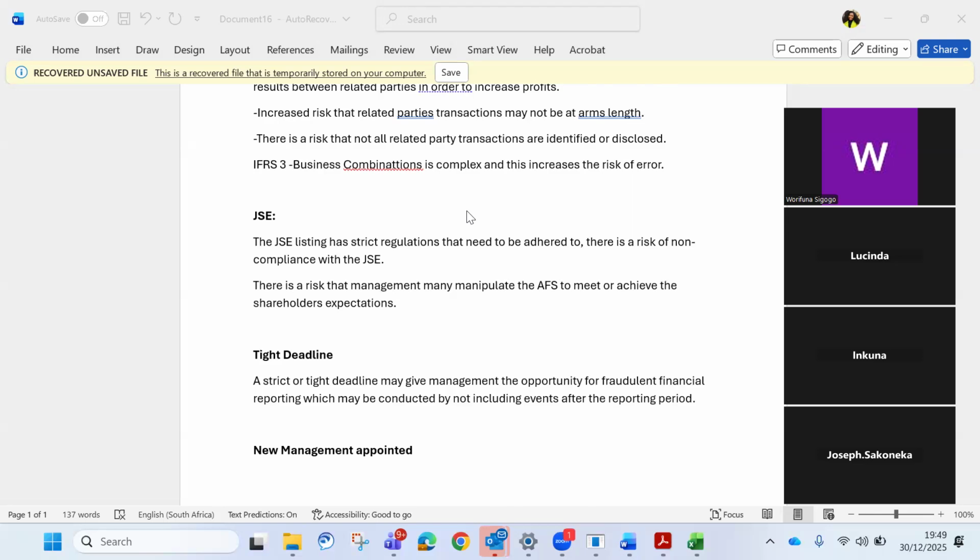So this is where it was coming from, to say now there is pressure and expectation for subsidiaries to report favorably because they are both listed. The good name? Yes.